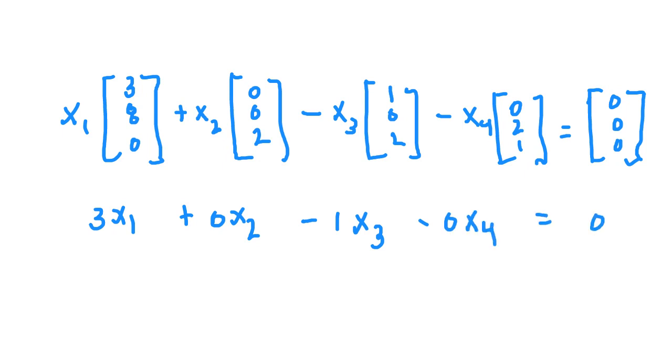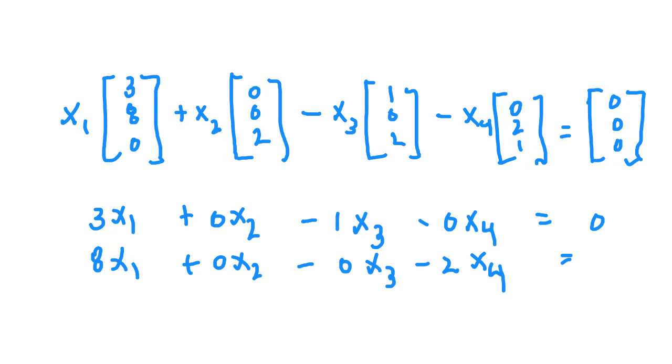That's the first equation. And then we'd have 8x1 plus 0x2 minus 0x3 minus 2x4 equals 0.